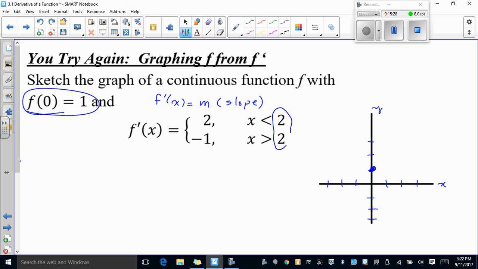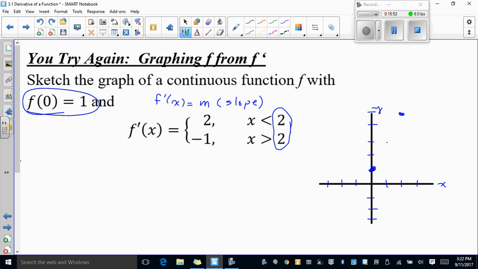So as I move over to 2, my slope is 2. So up 2 over 1. I'll need to put some more in there. Up 2 over 1. So I have a point here. And then I can draw this one. That's not a very good one because it shouldn't have gone to that point.